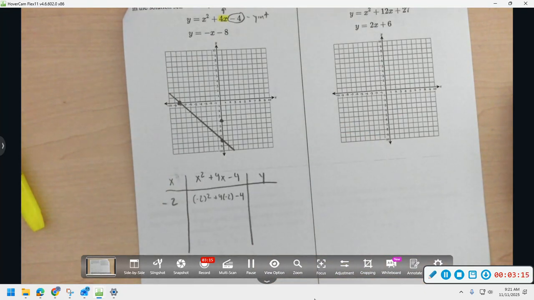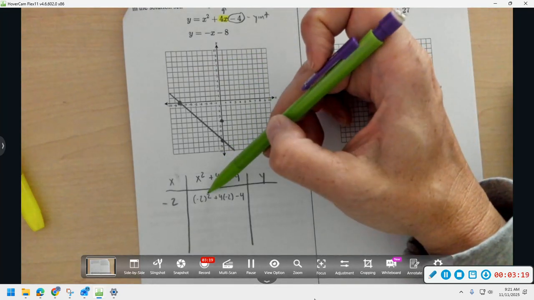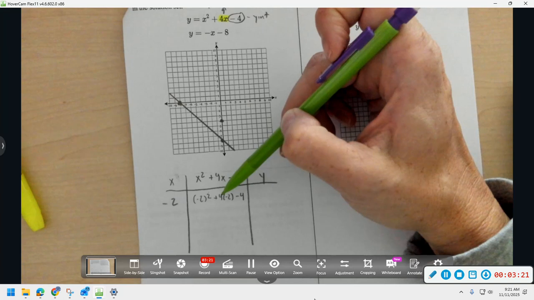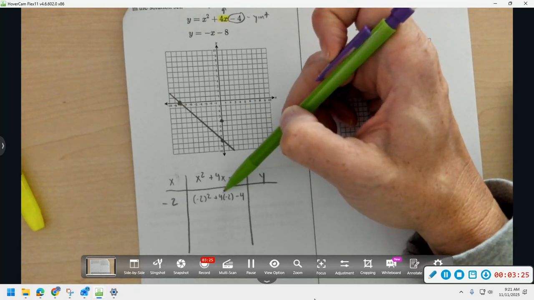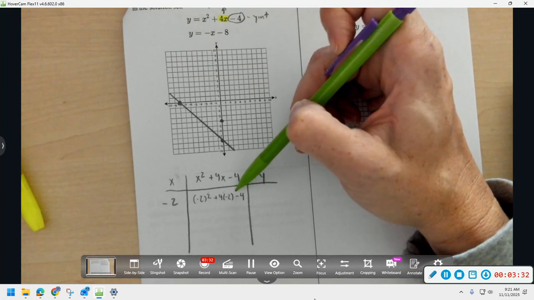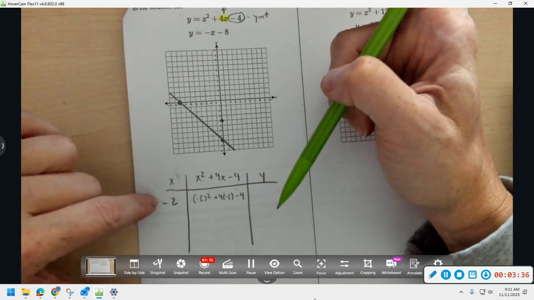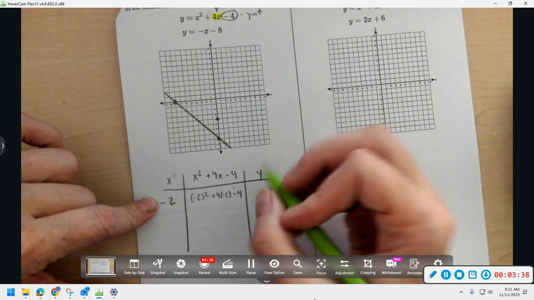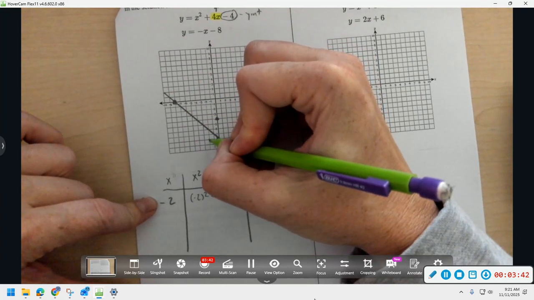So I've got 4 minus 8, or 4 minus 8 is what? Negative 4. Take away 4 more. We're at negative 8. So when x is negative 2, y is negative 8. So negative 2, negative 8.